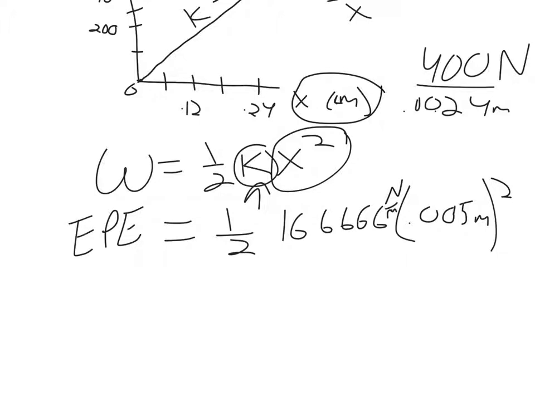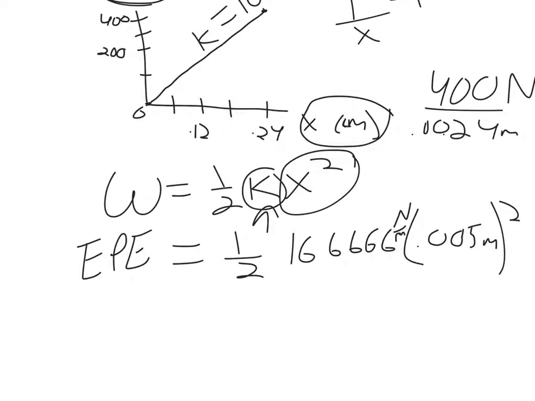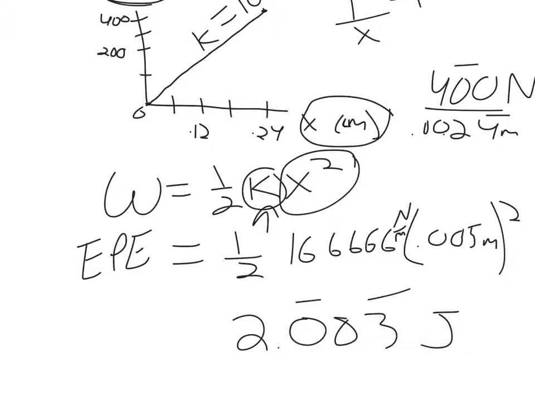That is right. 2.083 repeated joules. And again, we're looking at basically a 2 sig fig problem, so we're going to round. That's confusing because I wrote the repeated bar here, but that's not what I wanted to do for sig figs.